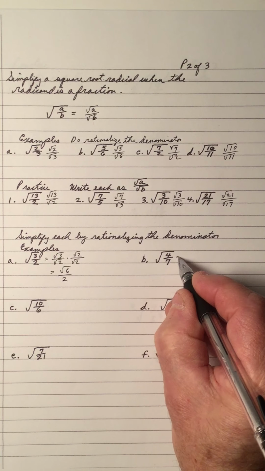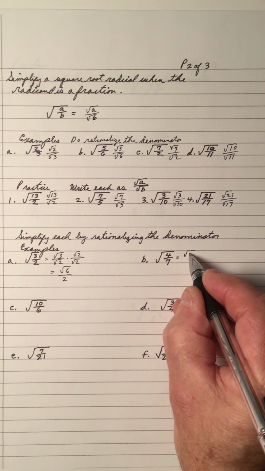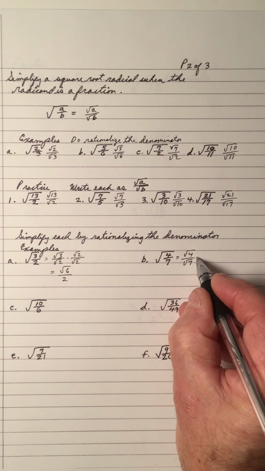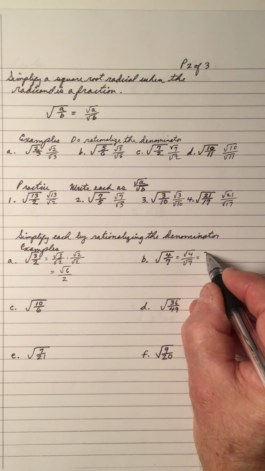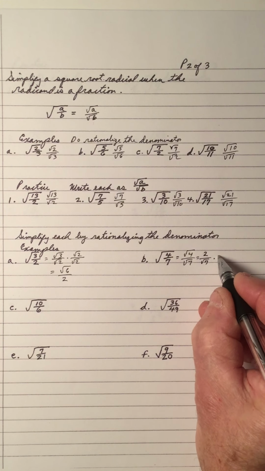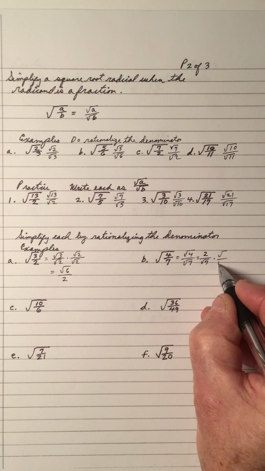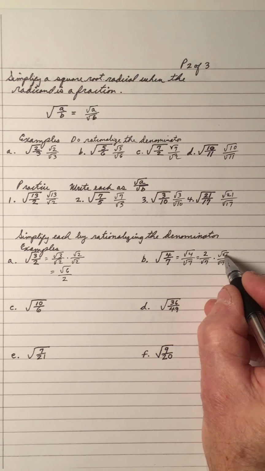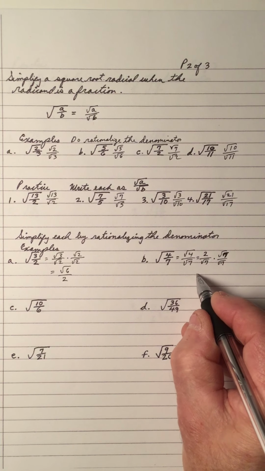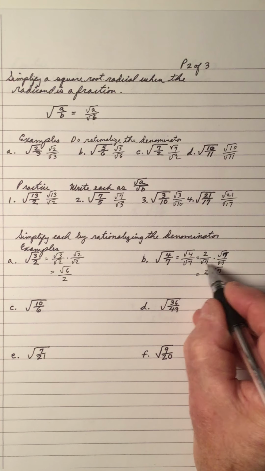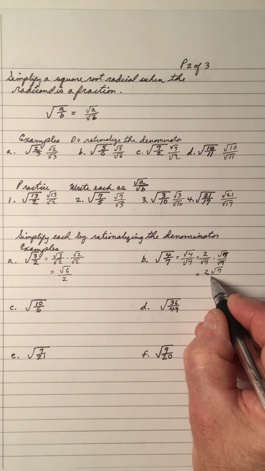And this one becomes root 4 over root 7. But the root of 4 becomes 2. I can simplify it over root 7. Now I multiply top and bottom by root 7. So that gives us 2 root 7, and root 7 times root 7 is 7.